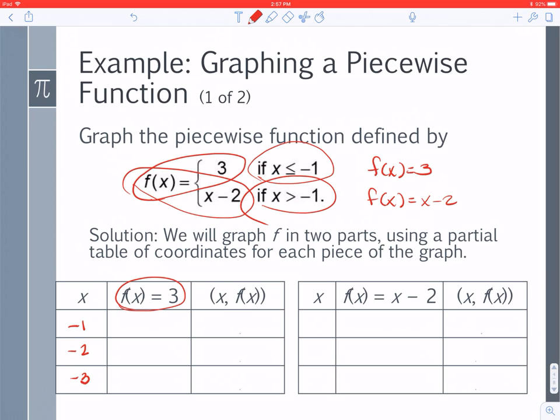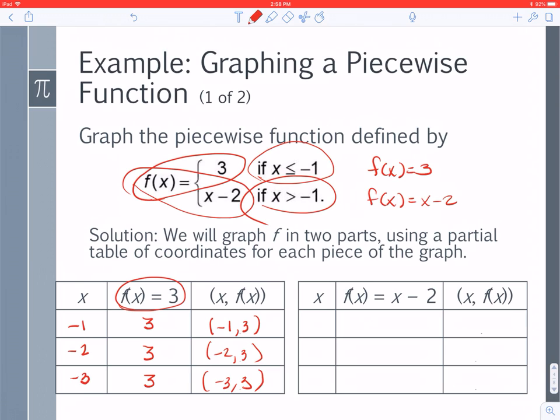For every x, this function is a constant, and that constant is equal to 3. So at x equals -1, the value of the function is 3. At x equals -2, the value of the function is 3. At -3, the value of the function is 3. So I'm going to get 3 ordered pairs, -1, 3, -2, 3, and -3, 3. And I'm going to plot those ordered pairs on my coordinate plane.